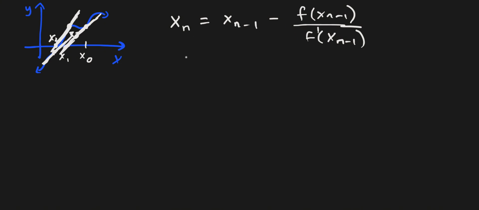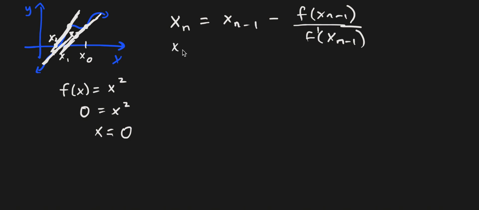So this is the formula. Let's try to do an example. Let's say the function f of x is equal to x squared, to keep it easy. Obviously the root is easy to find: we can just set 0 equal to x squared and x equals 0. Newton's method wouldn't be needed, but we can try.